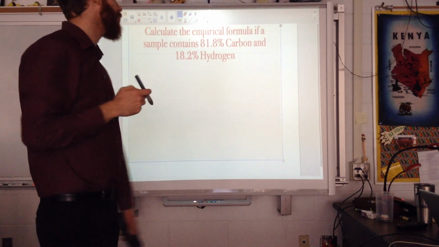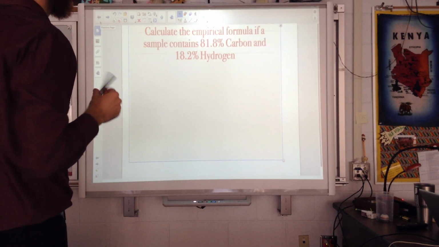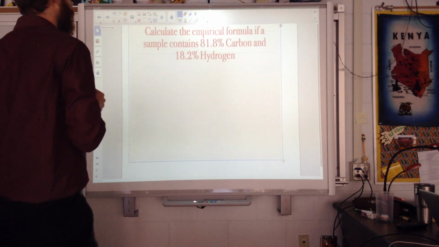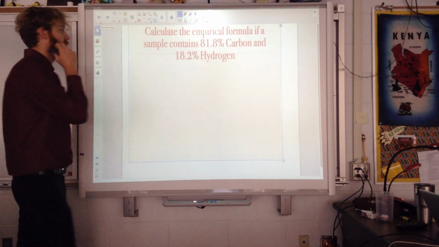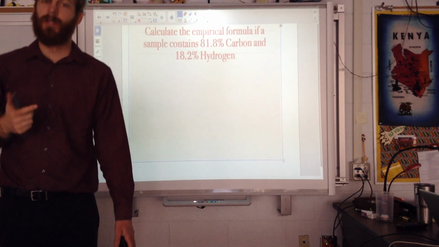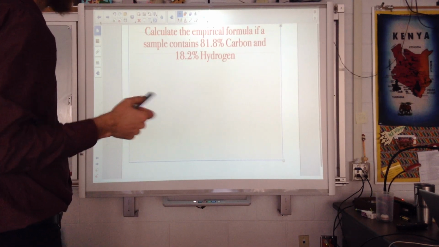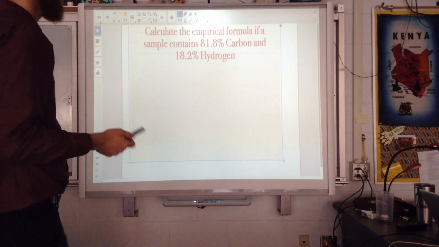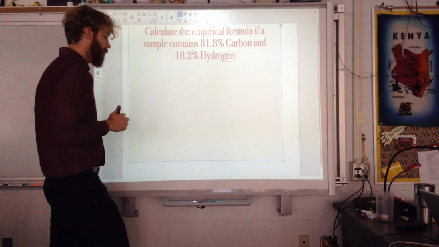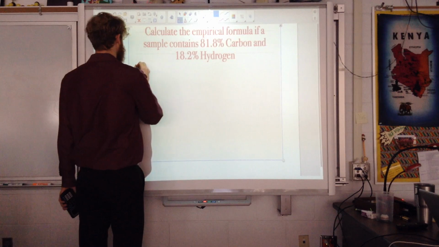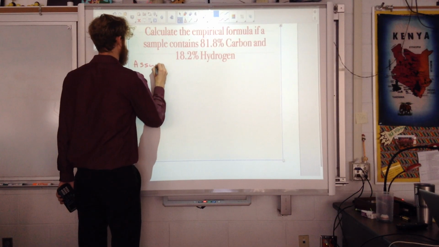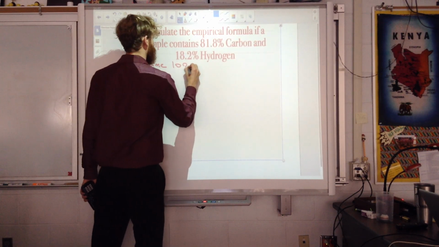Calculate the empirical formula if a sample contains 81.8% carbon and 18.2% hydrogen. So now we're given percent mass. So we have the percentage, but we don't have grams. What I like to do in this case is assume that we have 100 grams.